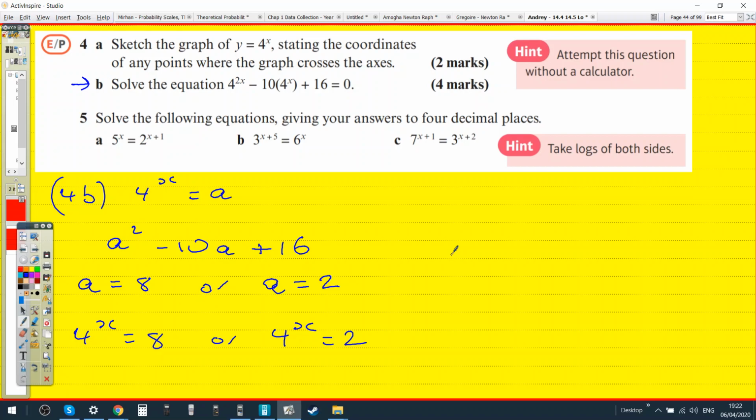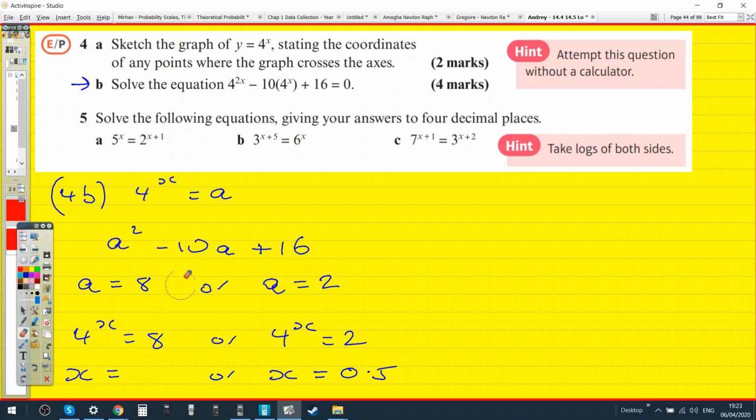I got that x is going to be equal to 0.5, or x will be equal to a third. 0.5 or a third? Yeah. That doesn't seem right. Oh, sorry, this one's 0.5. Yeah. And then this one a third.